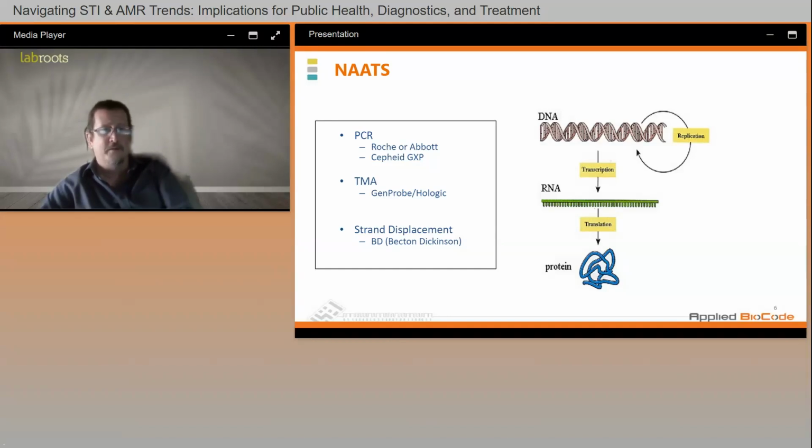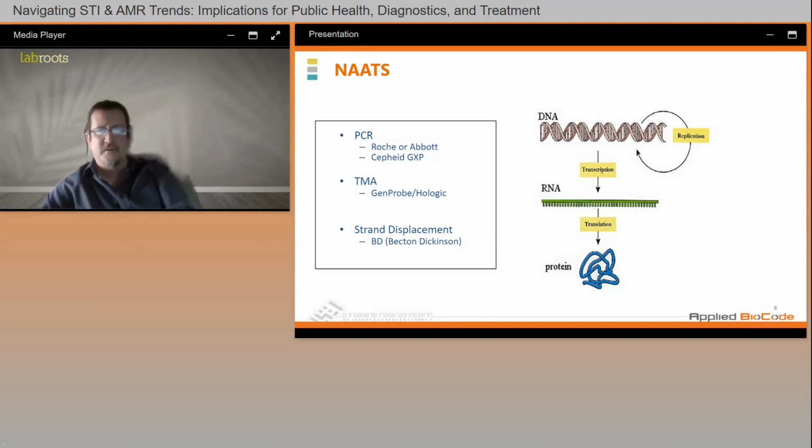We call that transcription. And TMA, or transcription-mediated amplification, which is another NAT test, takes advantage of it. Strand displacement, which is another nucleic acid amplification test that exists in the FDA-cleared world, actually takes advantage of DNA repair. And that's something that isn't part of the central dogma, but is part of the central understanding of molecular biology.